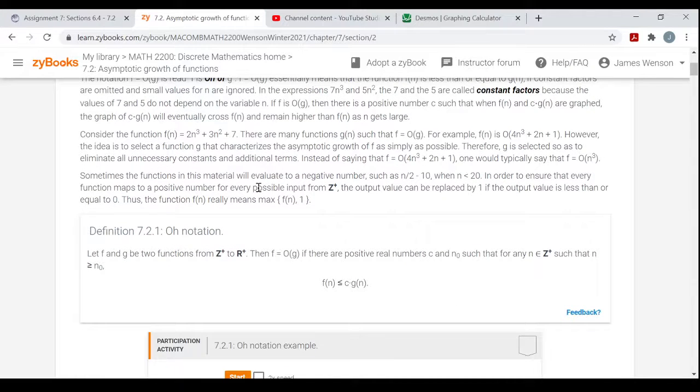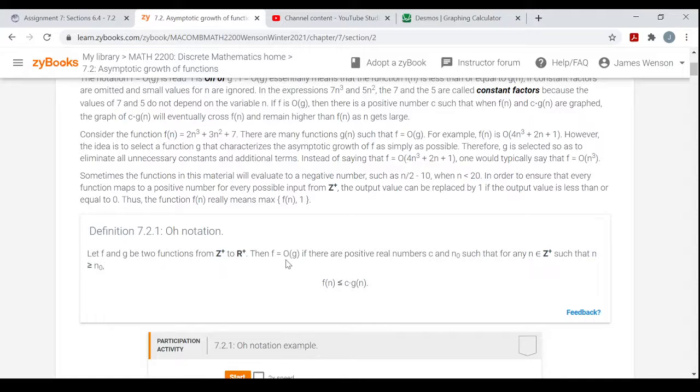Here's what this big O notation means, and again, I'm going to write it out in words on a piece of paper. Let f and g be two functions from the positive integers to the positive real numbers.